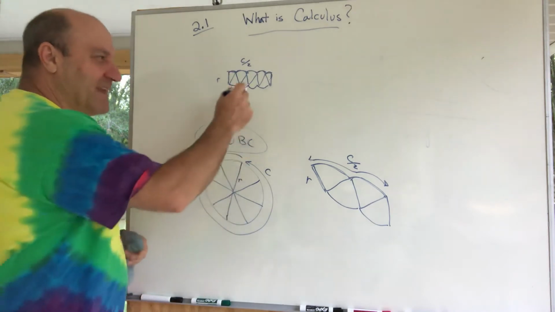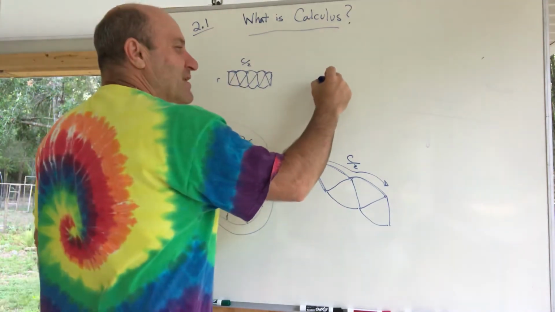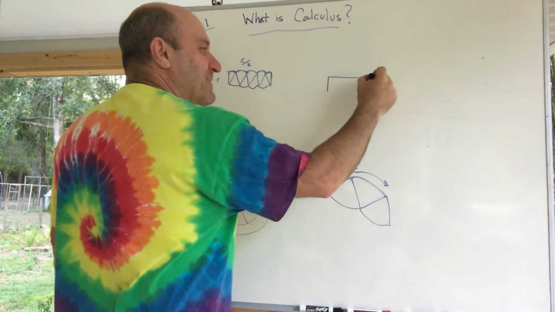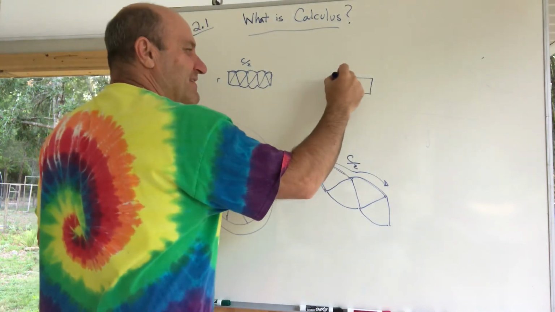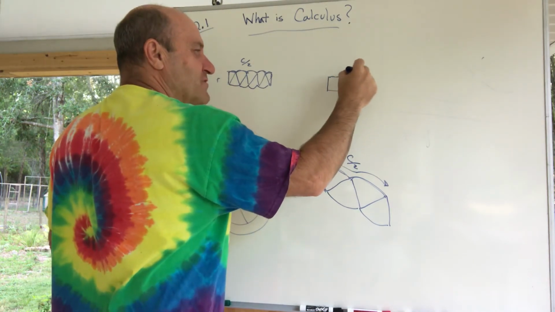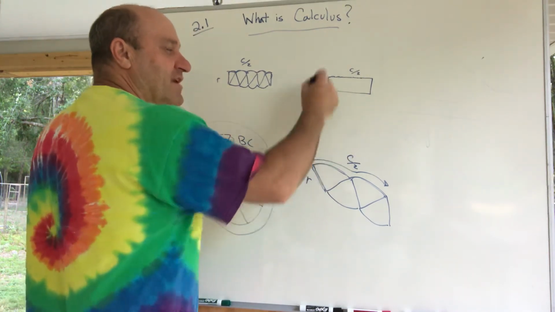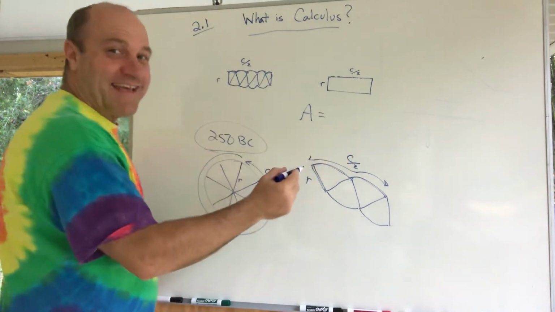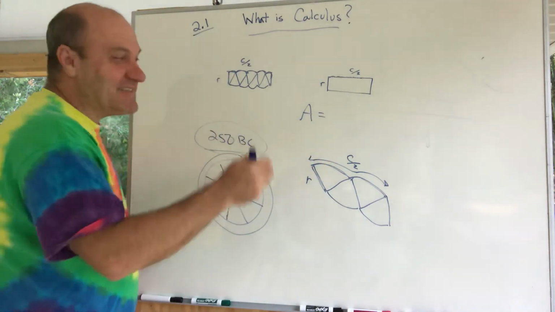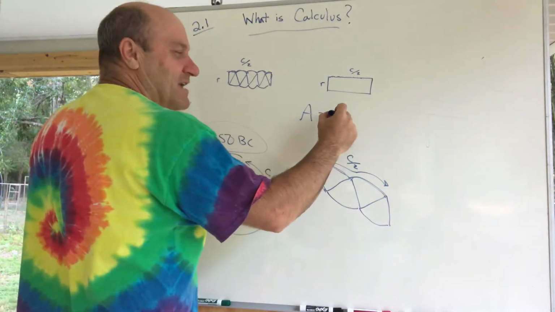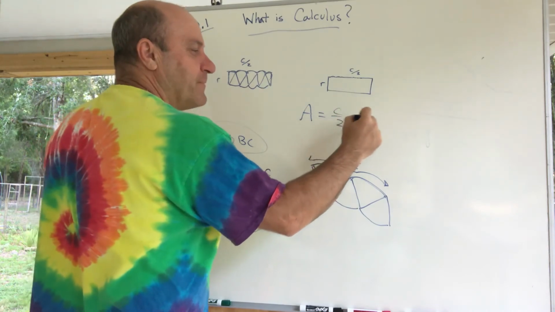And if you do it infinitely, you get a rectangle. I mean, it's not a rectangle, but this approaches c over 2, this approaches r, and the area of a circle can be modeled with this rectangle with infinitely thin slices of pizza, and it's c over 2 times r.